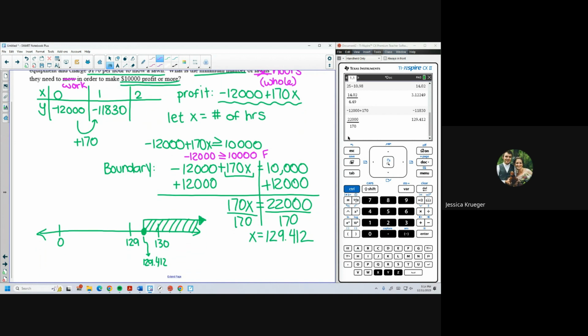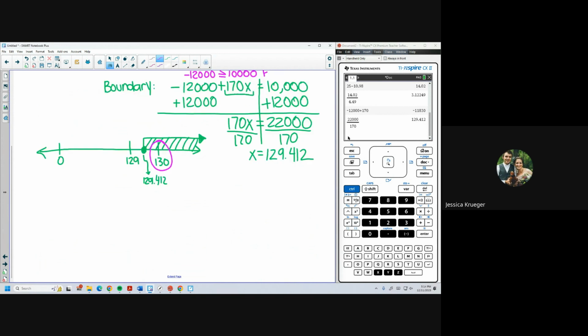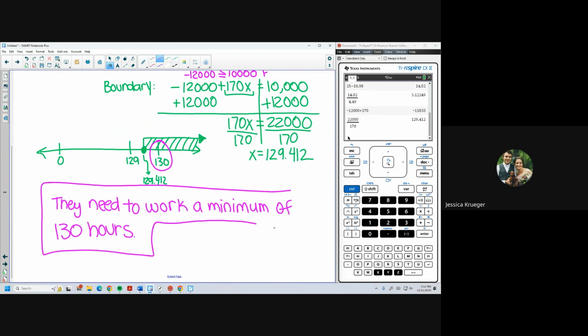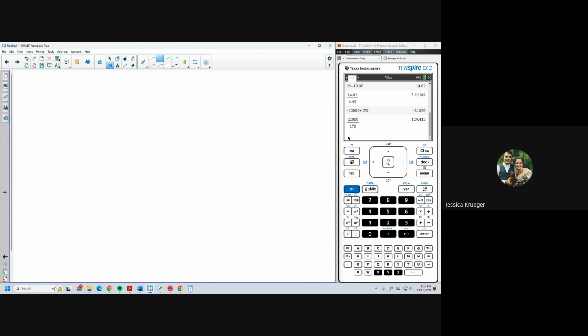So the minimum number of whole hours that they can work is 130. And you could always add to that. They need to work a minimum of 130 hours to make a profit of $10,000 or more.